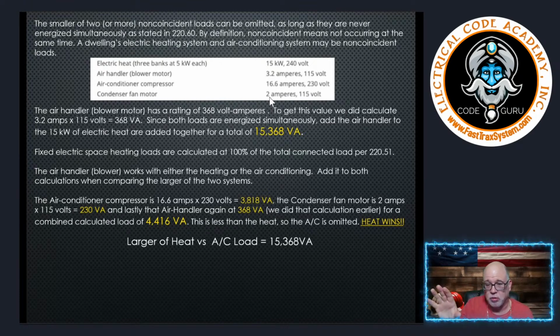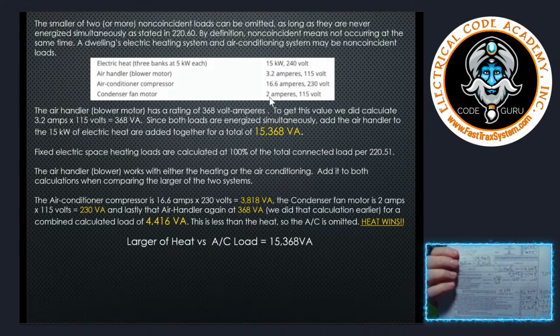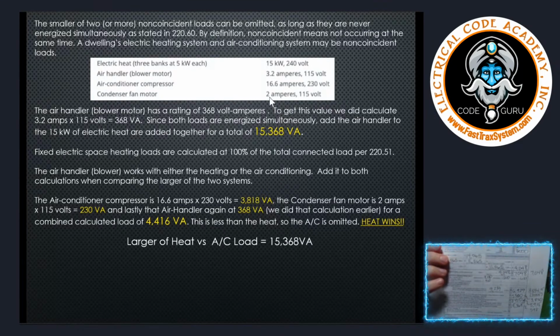Again, just the neutral. Because y'all know that the air conditioning compressor does not use a neutral, neither does the electric heat. Okay? So I'm going to write that down as my neutral contribution, and that is 598 VA. Okay? So, kind of what it looks like. If you're following along, you see me filling out this form.